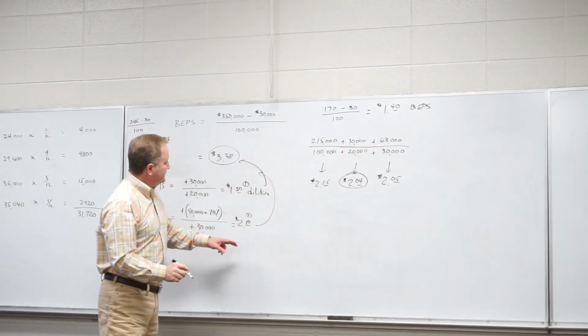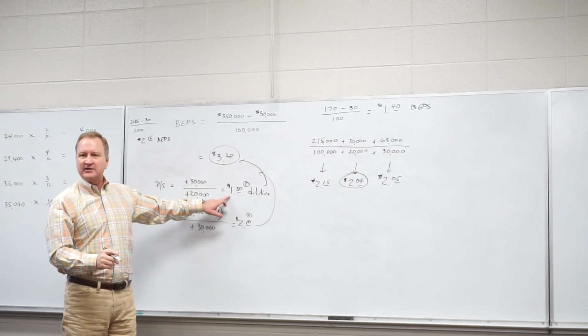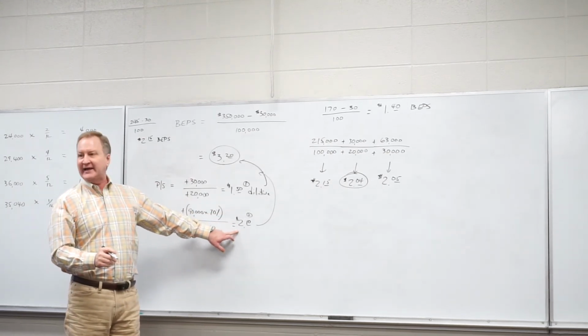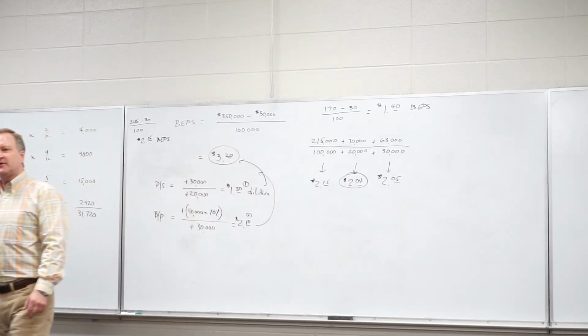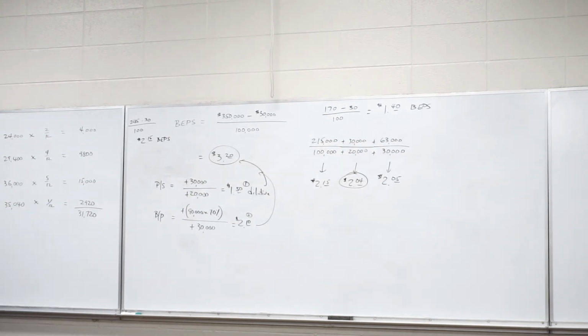Well, look, this would be anti-dilutive, and this would be anti-dilutive, right? If the answer is greater than your $1.40, both of those are anti-dilutive in this case. Therefore, the answer would be A, each $1.40. Basic and diluted EPS would be the same.